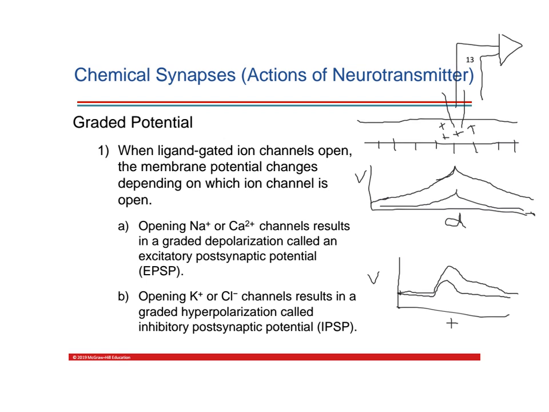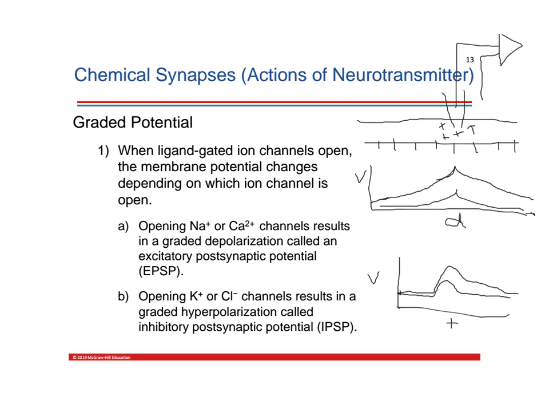And also the other important thing that I just pointed out is that with distance, these graded potentials attenuate or become smaller. Now, this is different than an action potential. Recall that action potentials don't attenuate. They're a regenerative phenomenon. They'll just move along the axon and keep the same amplitude.